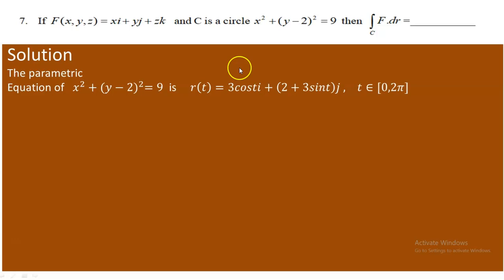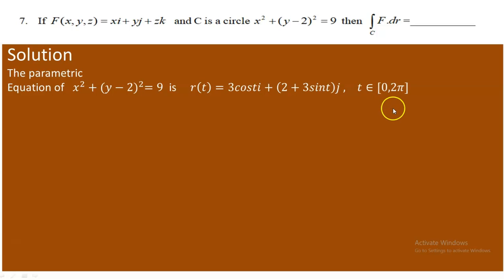So we need to use the translation property. If the center moves from (0, 0) to (0, 2), the parametric equation changes, and it is nothing but adding 0 and 2 to 3 cos t and 3 sin t respectively. So you will finally arrive at the parametric equation of this circle: 3 cos t i, because 0 plus 3 cos t is 3 cos t along i, and 2 plus 3 sin t along the j component.